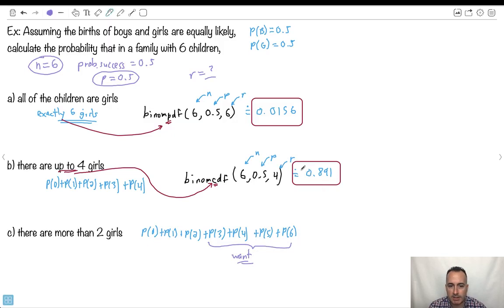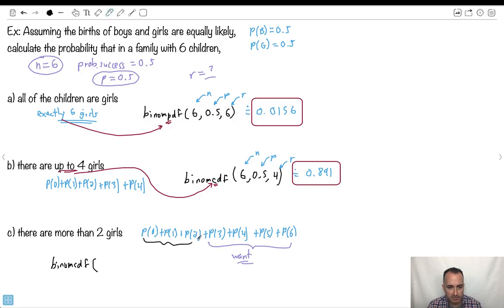Now you could say that your calculator, your TI Inspire, can actually do this directly. TI-84, you have to be a little bit circumspect about it. Let me show you the circumspect way, the weirder way to do it. So you can say, well, if I want to know how much it is for more than 2 girls, I can go from 3 to 6. I can't really find that with normal CDF, you would think, so I have to do binomial CDF of this.